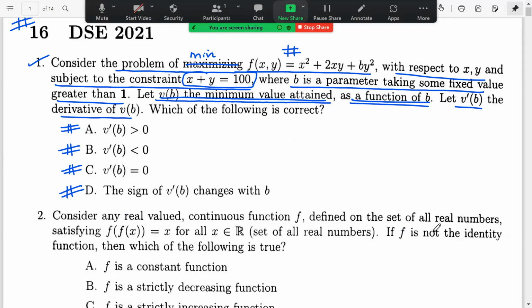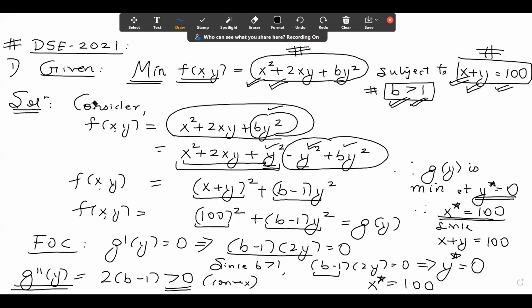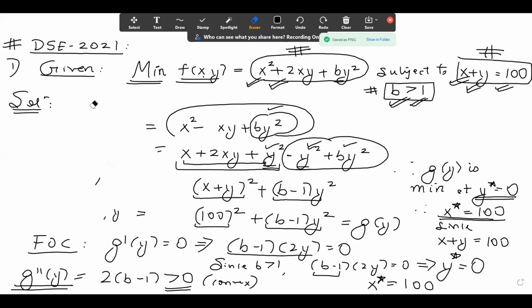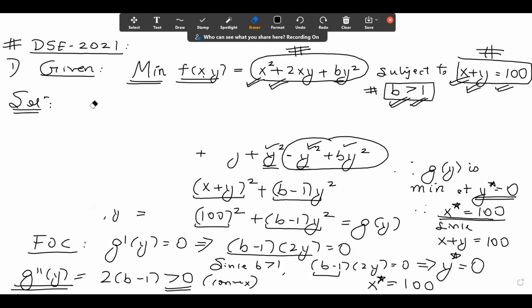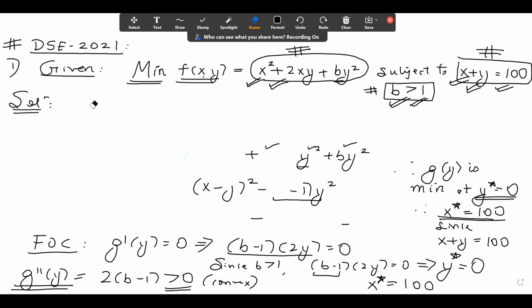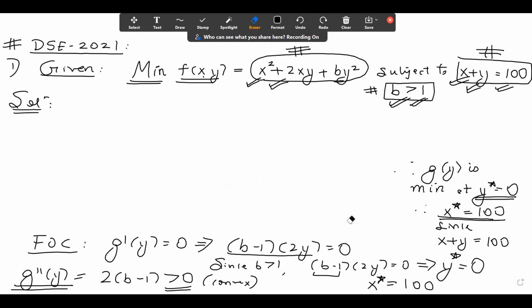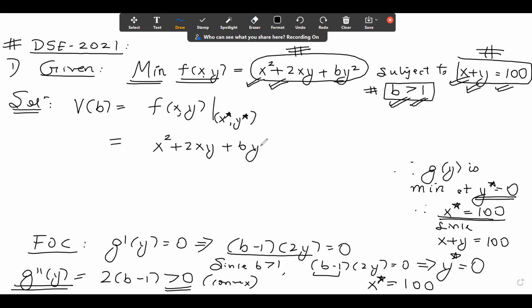And if you talk about v of b, what is v of b? Put the values of x and y which we have got from the optimization. So v of b is the function f of xy evaluated at x star comma y star. f of xy is x square plus 2xy plus b y square.